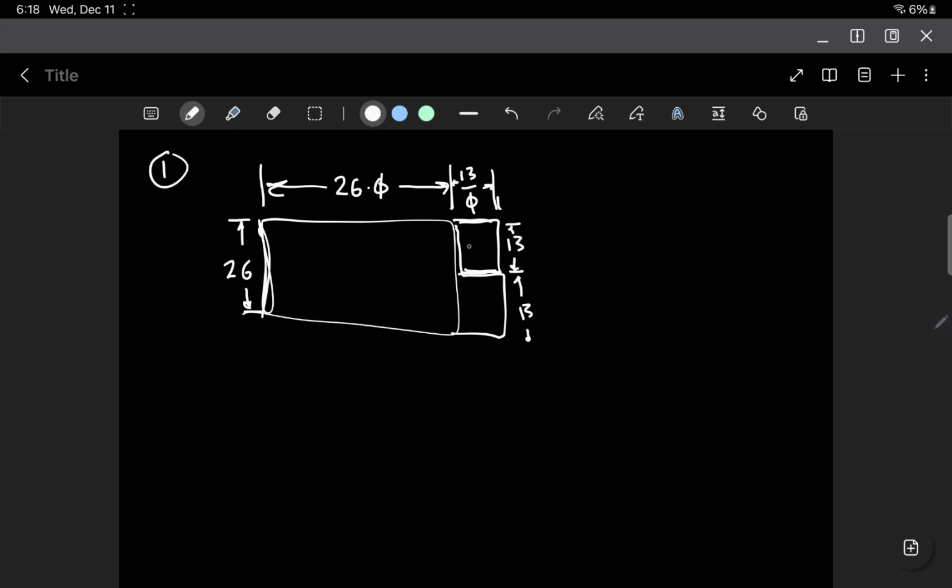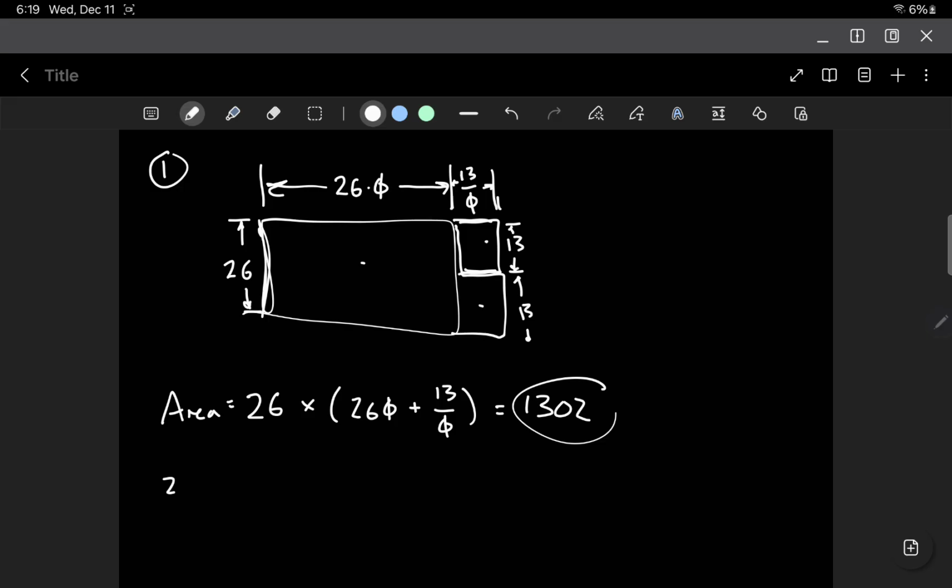So when you either take these individually or you take all of their elements together, one way to think of this is going to be 26 phi plus 13 over phi, so these two together, 26 phi plus 13 divided by phi all the way across. That's going to be around 1302. So that's the answer I was looking for the first one.